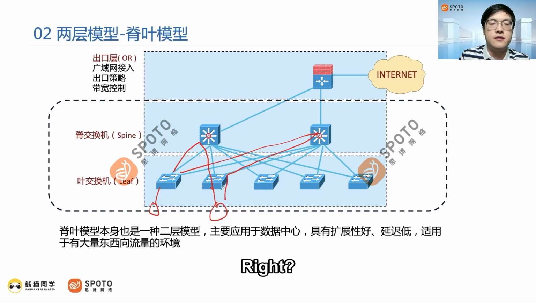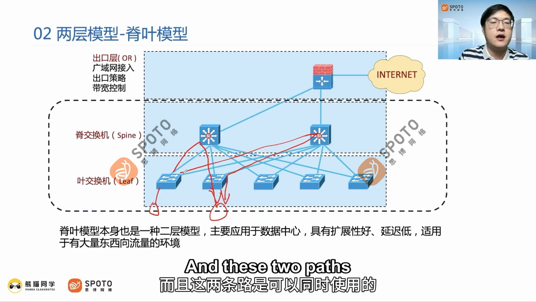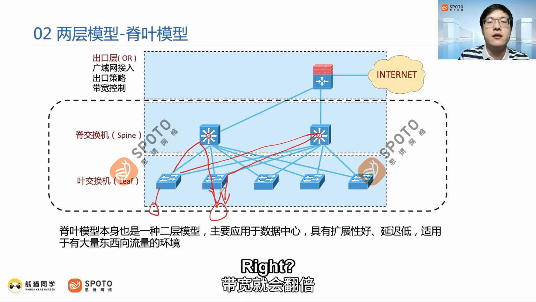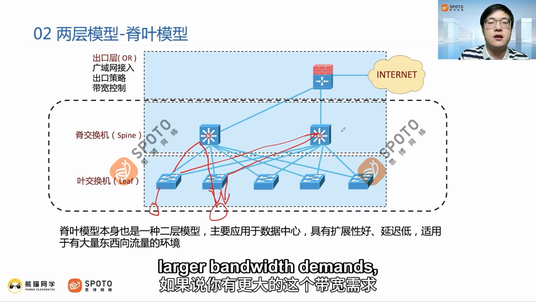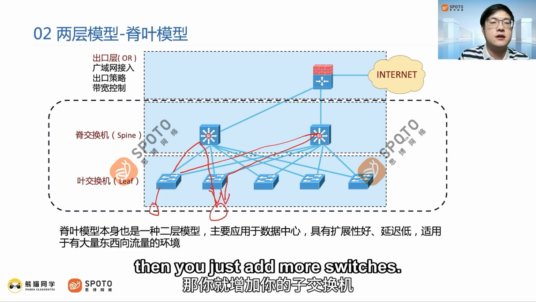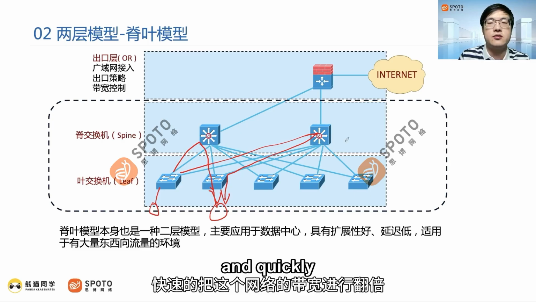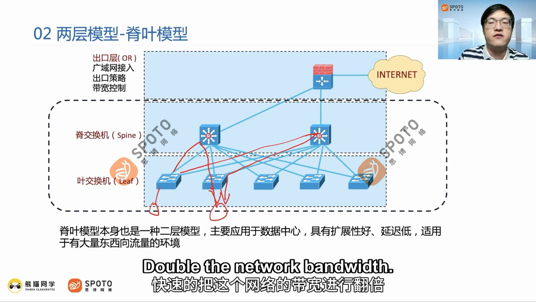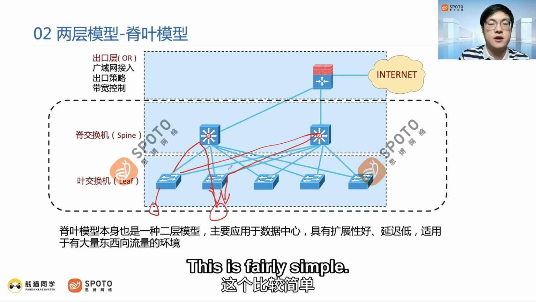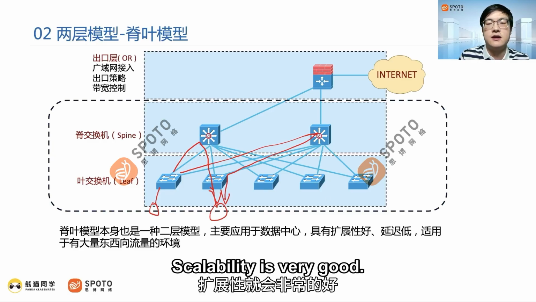I have two paths, and these two paths can be used simultaneously. Bandwidth will double. If you have larger bandwidth demands, you just add more switches, and you can simply and quickly double the network bandwidth. This is fairly simple. Scalability is very good.